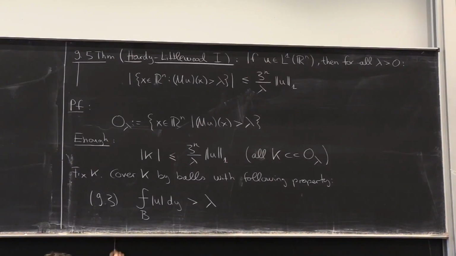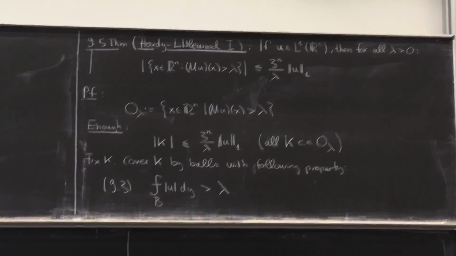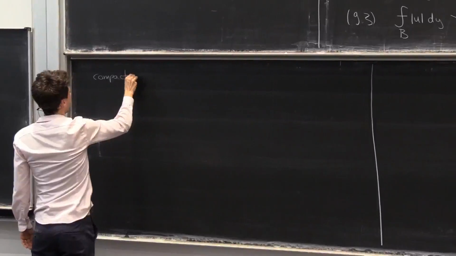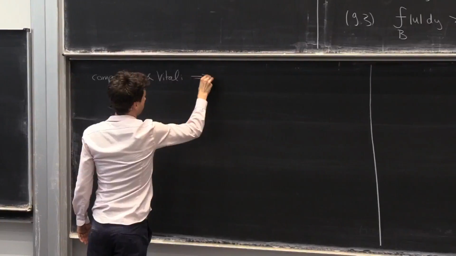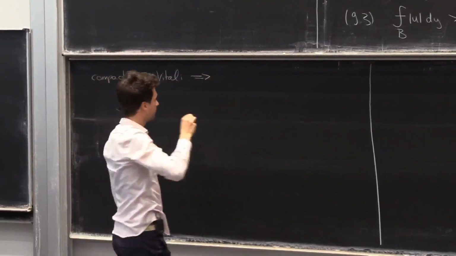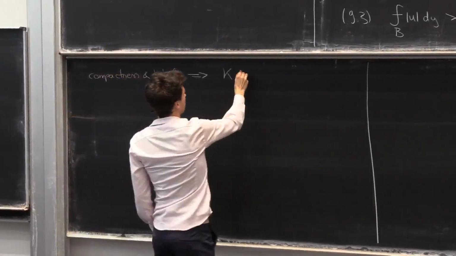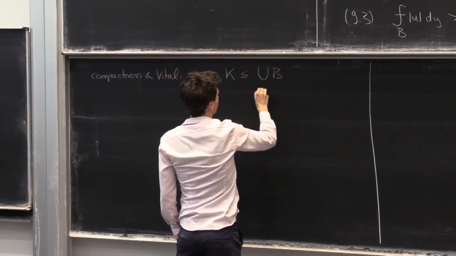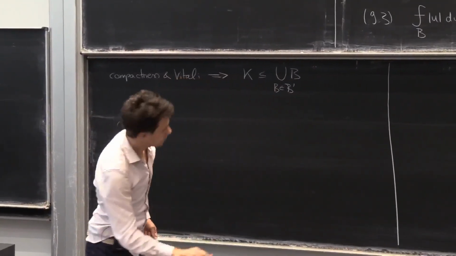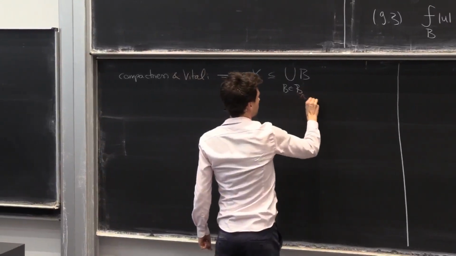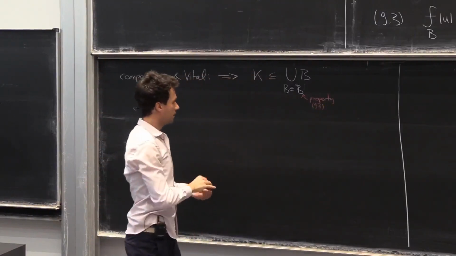Right, and this is where compactness is used. So now compactness and Vitali allow me to do the following. I can cover K by a bunch of balls B in some collection B prime, and these balls always have property 9.3, but it's a finite collection.